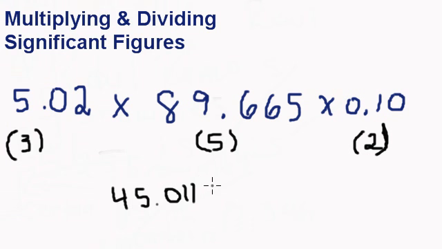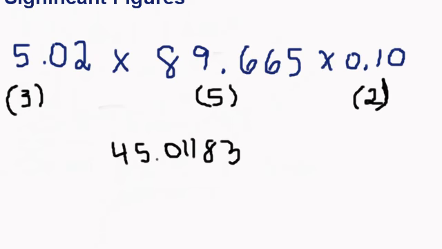So technically this would be the answer, but because we're dealing with significant figures, we need to round this number. What you do is you pick one of these 3 numbers up here, the one that has the least number of significant figures. And the one with the least is this one over here, 0.10. This one has only 2 significant figures, so the answer can only have 2 significant figures.